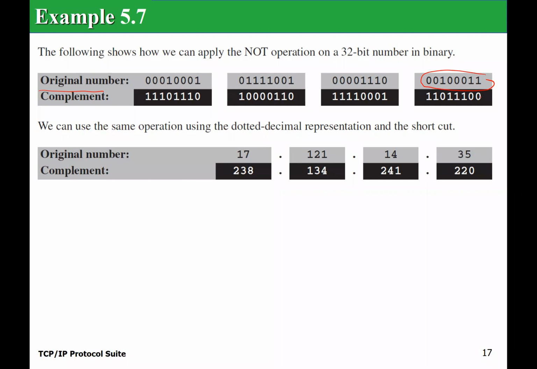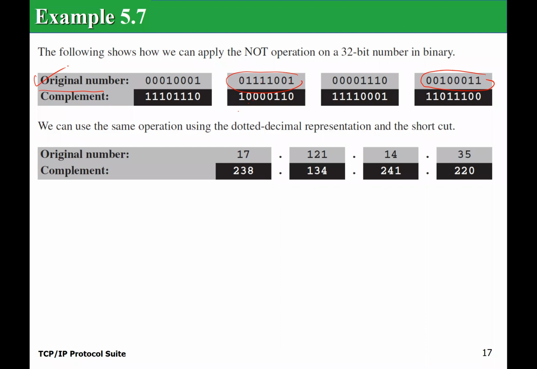So 1 becomes 0, 1 becomes 0, 0 becomes 1. You do all of them the same way. Trying this one: 1 becomes 0, 0 becomes 1, 0 becomes 1, 1 becomes 0, 1 becomes 0, 1 becomes 0, 1 becomes 0, 0 becomes 1. That's in binary, so easy, because you deal with zeros and ones.